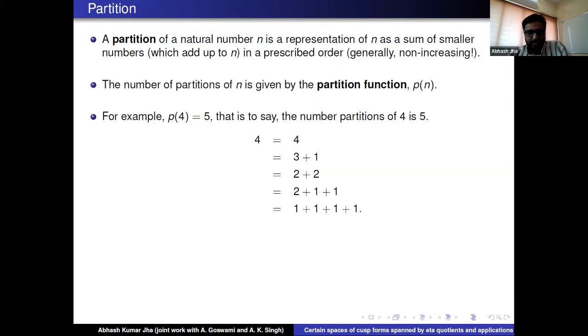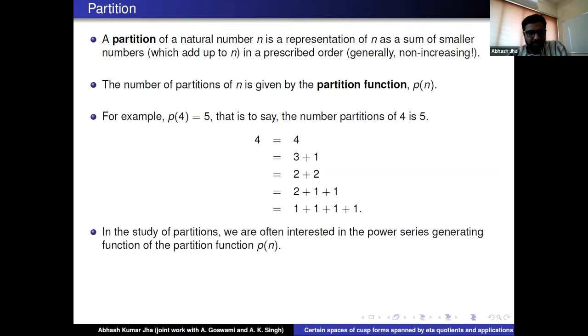In the theory of partitions, we are interested in the power series generating function of the partition function. And it is due to Euler that this generating function is given by this infinite product.